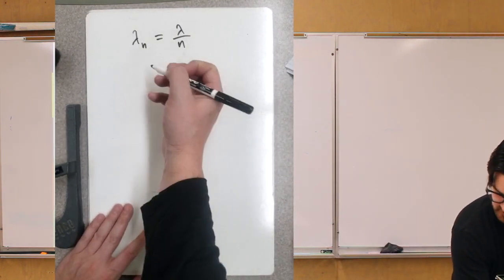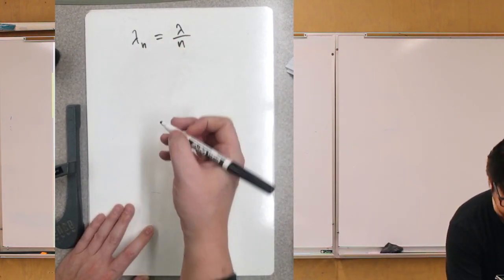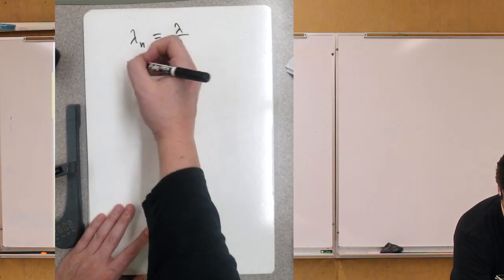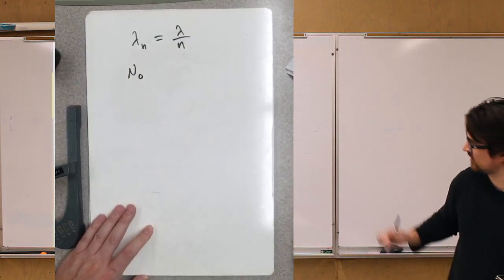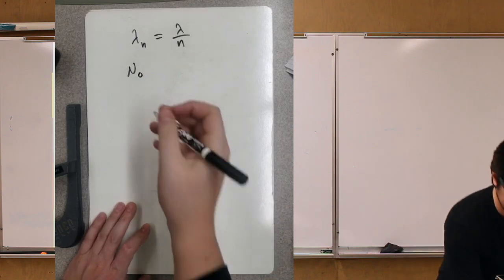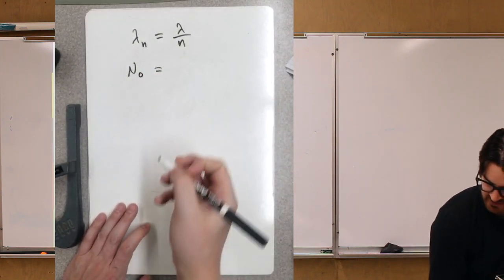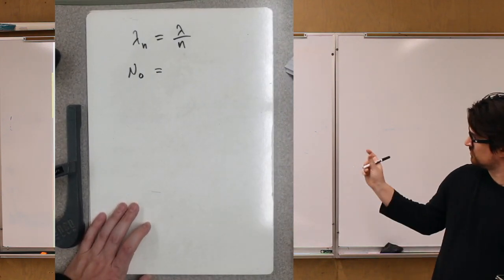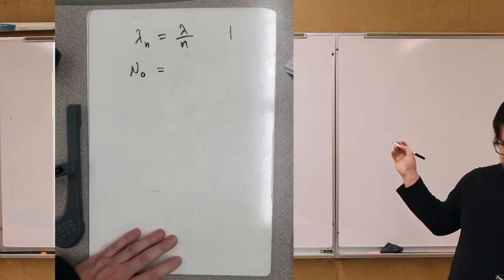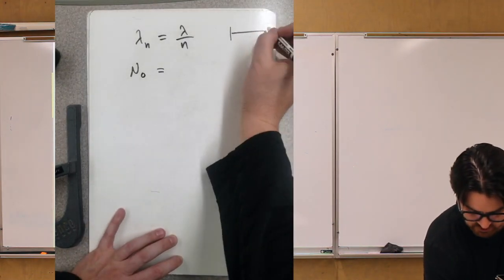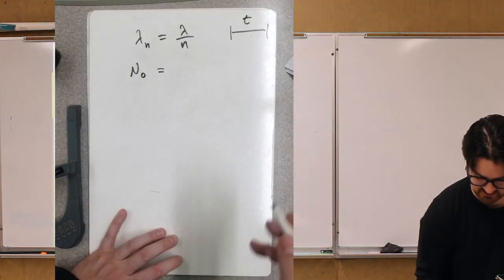The way I would think of it is that if you imagine no gas is there, then there's a certain amount of wavelengths that fit in that 2 centimeters. So this is the number of wavelengths that fit in 2 centimeters. And instead of writing that 2 centimeters all the time, we're going to call the width of that chamber T.